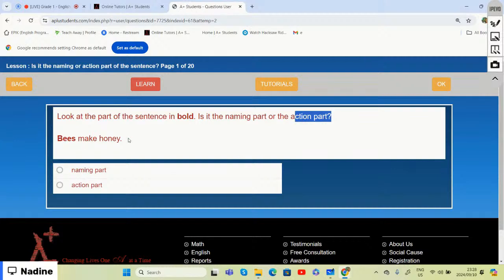This word bees, is that a naming part, option one, or is it an action part, option two?